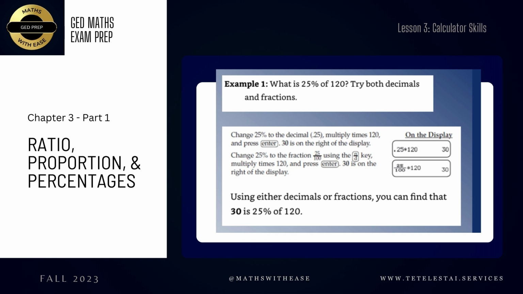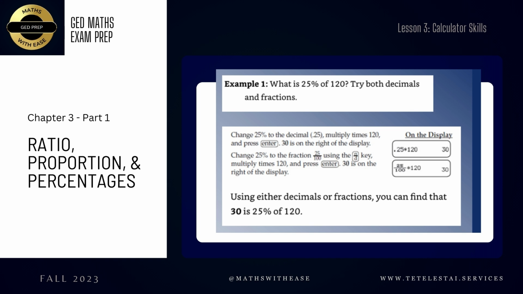Cent derives from the French word centime, which means 100. So you can write 25% as 25/100, or you can drop the percentage sign and move your decimal point 2 places to the left. And so 25% can be written as 0.25, right?